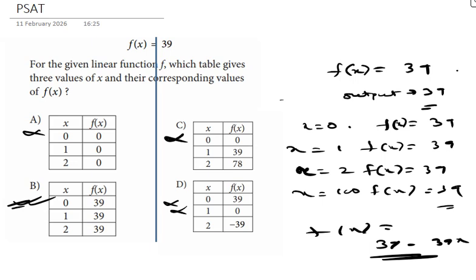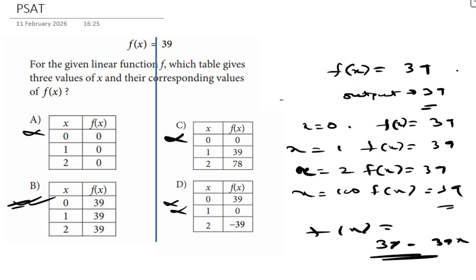Now let us quickly summarize the key idea. When you see f(x) is equal to 39, that means the function is constant. It does not depend on x. The graph is a horizontal line. The slope is 0. So the table must show the same output for every x. If the output changes, even slightly, it is not correct.